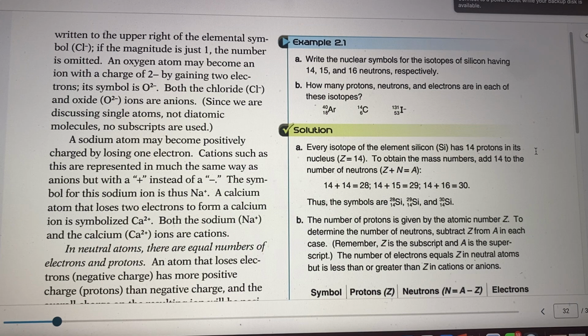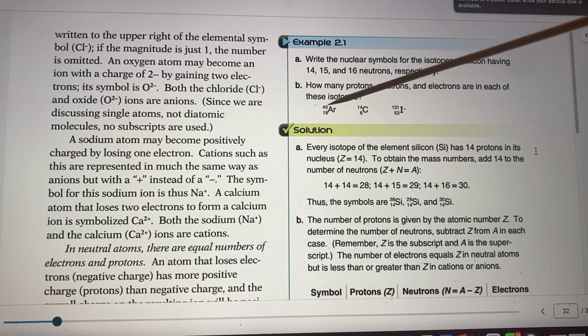Now we have how many protons, neutrons and electrons on each one of these. I hope you can read this, but this is argon, 40 over 18. We can just look at this and know there are 18 protons, and that's what makes it argon.